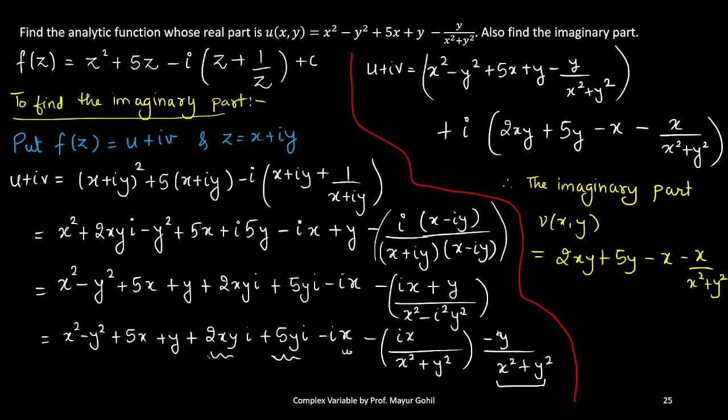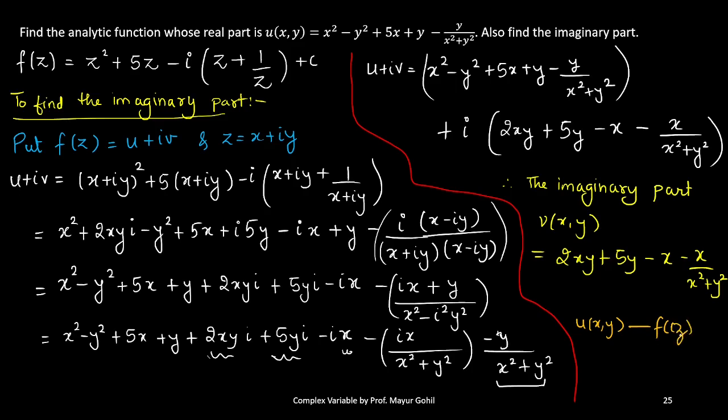This is how we get the imaginary part when the real part is given to us. So first thing, what you do here is this: you have been given u of x comma y, you calculate the function f of z, okay.